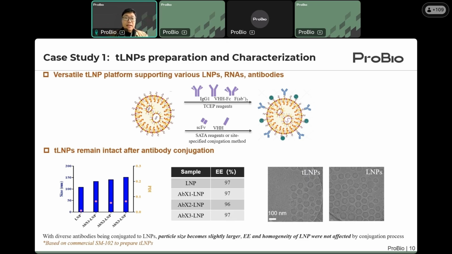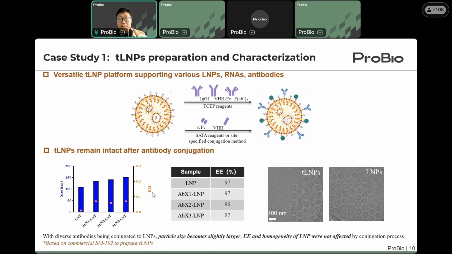And the rest of this slide, you can see we can directly control how many antibodies are linked on the surface of the LNP. You see the size increased a little bit because you linked more antibodies onto the surface. But the good thing is you will not compromise the polydispersity index of your tLNP.